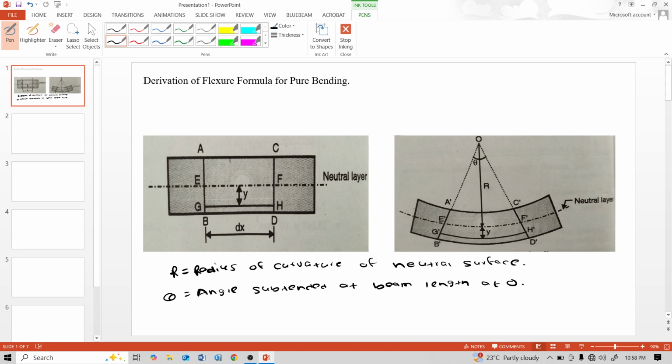This neutral layer is the same before bending and after bending. Therefore, EF is equal to E'F', since EF is the neutral axis.